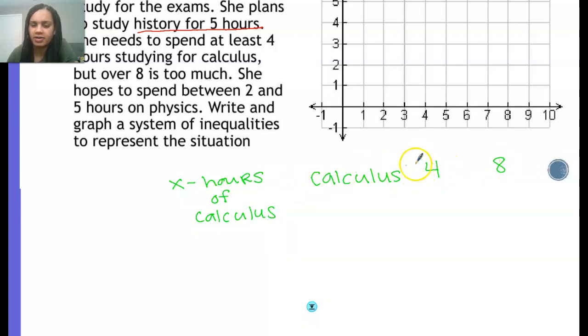So if she's studying for calculus at least 4 hours, but 8 is too much, so we're going to do less than 8. So between 4 and 8. And then we need to talk about, she hopes to study between 2 and 5 hours for physics. So let's talk about y being physics.